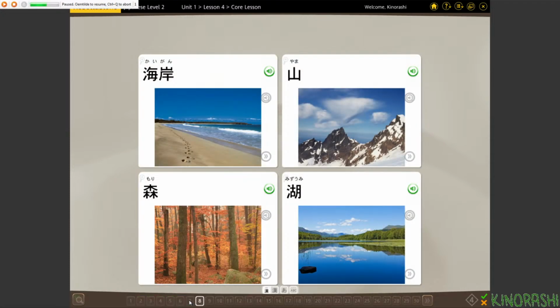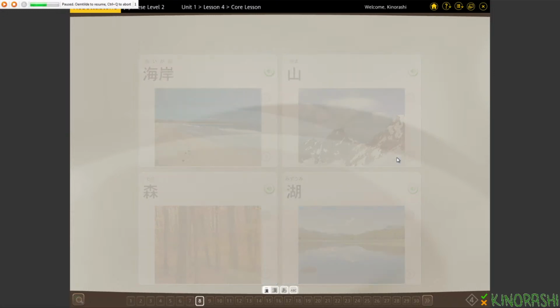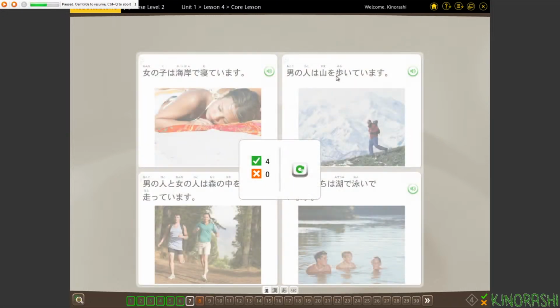Kaigan. Yeah, so this is Yama. Oh, I see that's sand right there. So this is Kaigan. Mori.